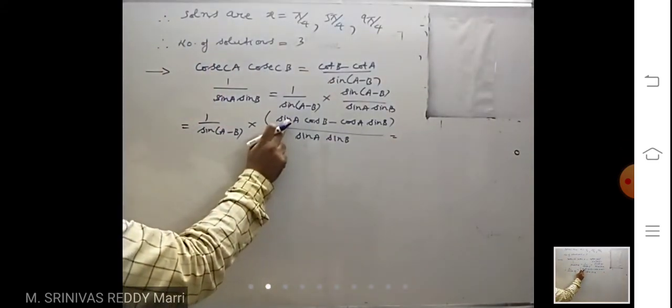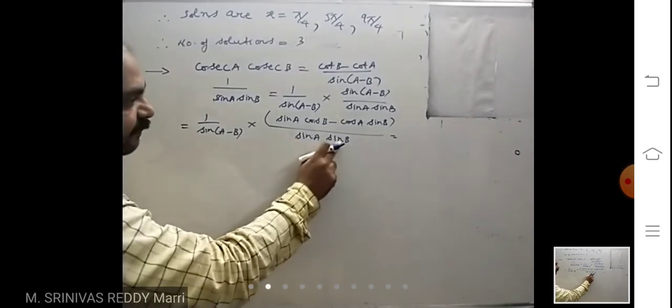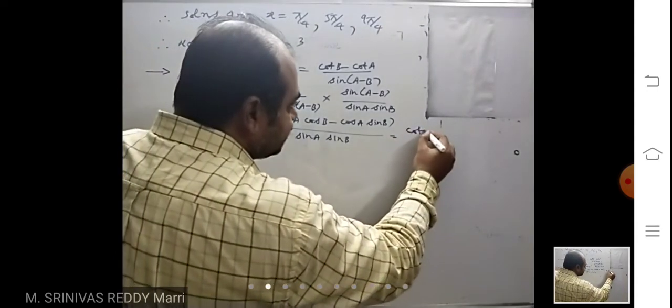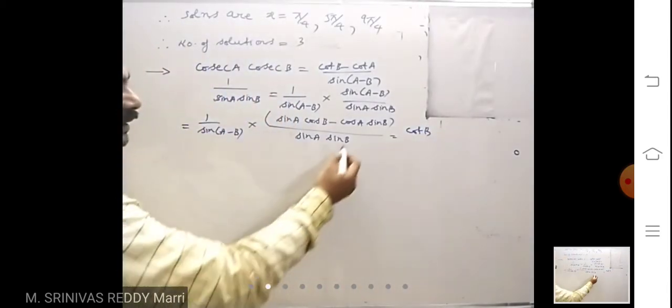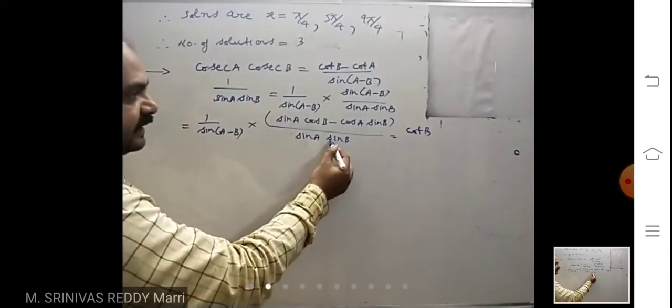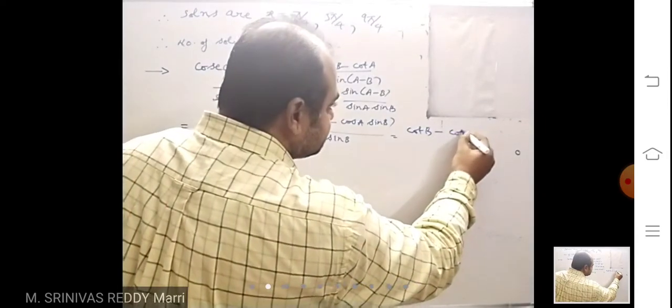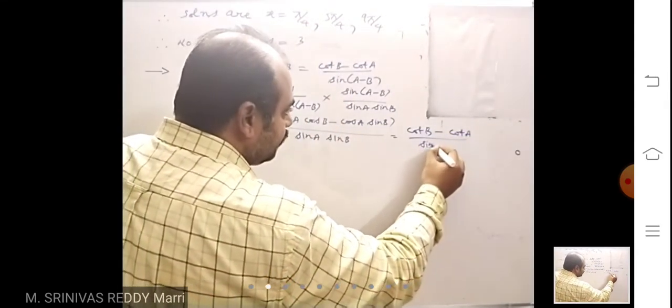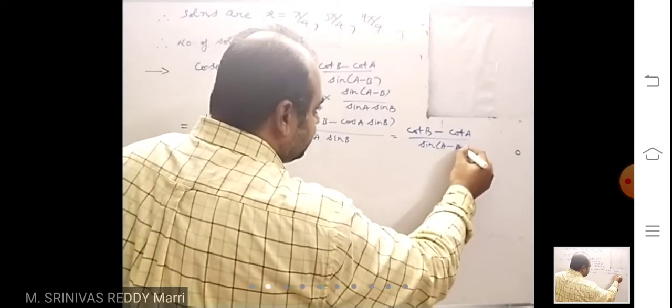Here you will get sine A cos B divided by sine A sine B. Sine A will get cancelled, that means you will get cot B. In the other term, sine B will get cancelled, and this is nothing but cot A, all divided by sine of A minus B.